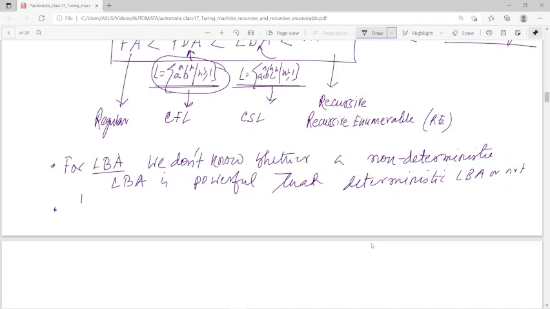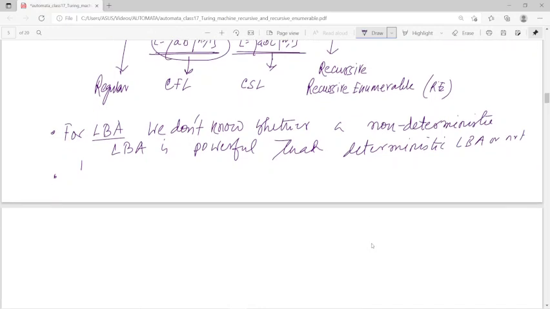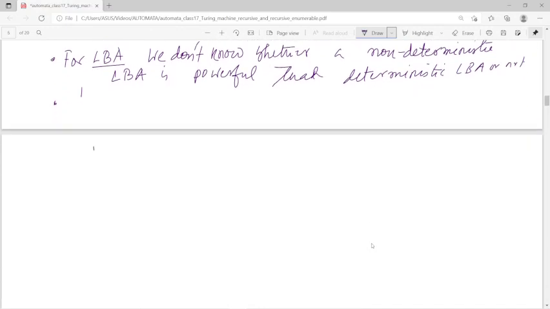There are some languages recognized by a Turing machine, that is, accepted, or you can say decided. Listen carefully: there are two types of language. One is the recursively enumerable language, and the other is the recursive language, also known as Turing recognizable language and Turing decidable language.